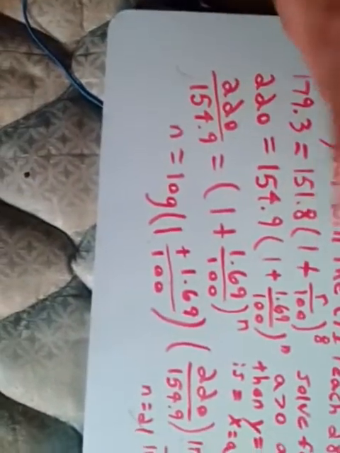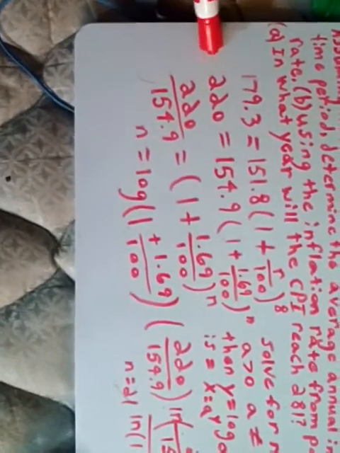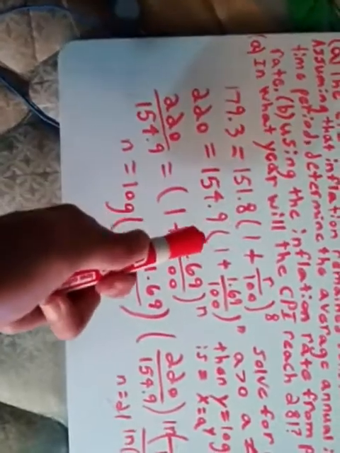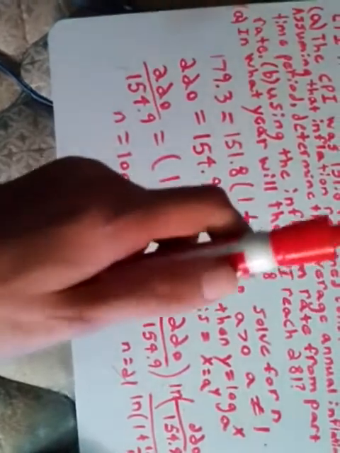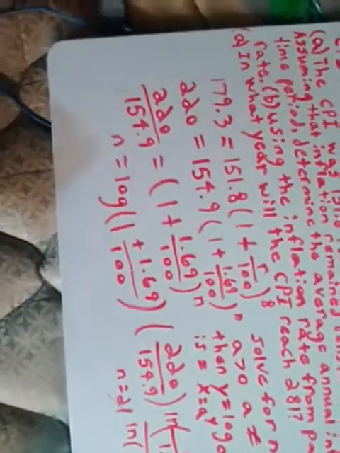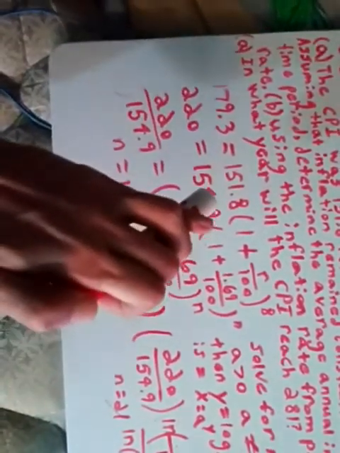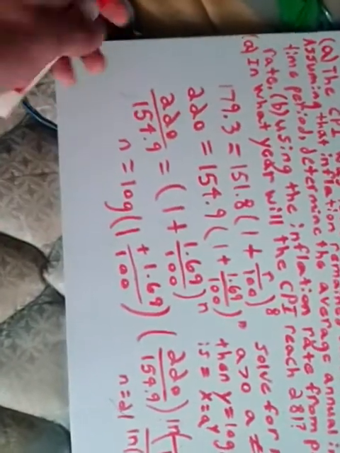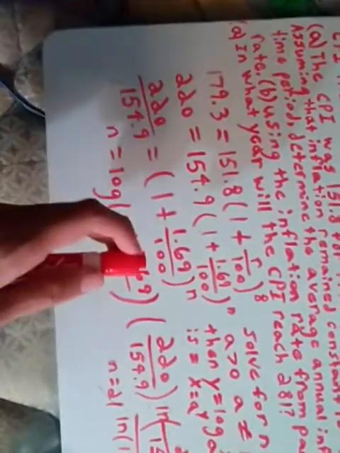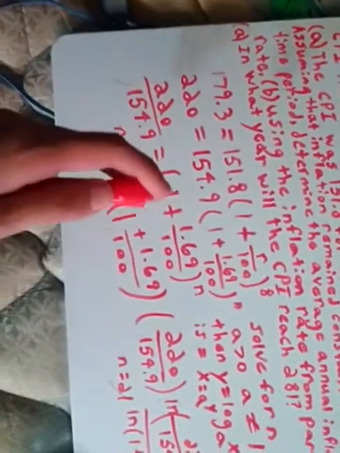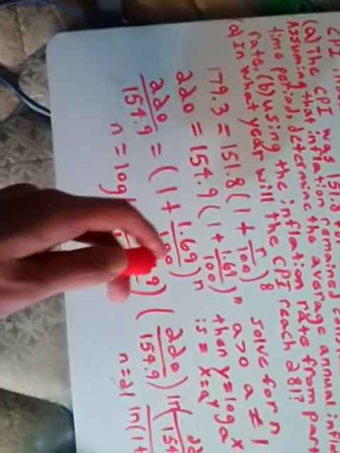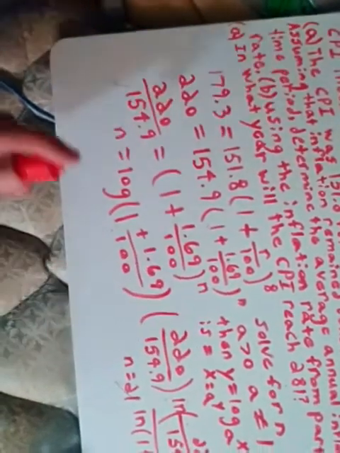So solving for n, I have this equation down here, starting here: 220 equals 154.9 times (1 plus 1.69 over 100) to the nth power. The first thing I'm going to do is divide both sides by 154.9. So 220 over 154.9 equals (1 plus 1.69 over 100) to the nth power.